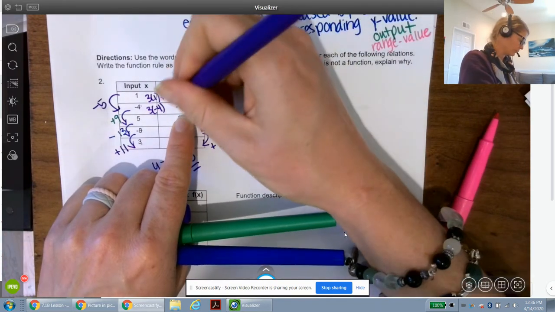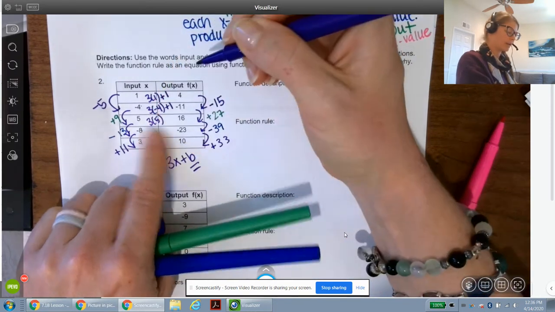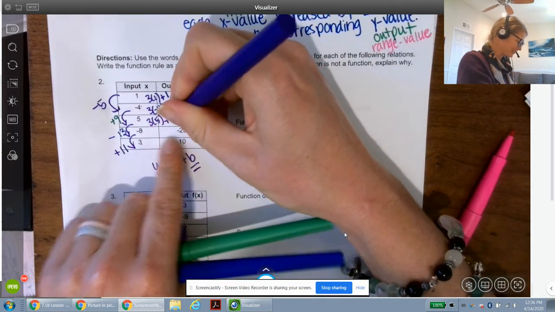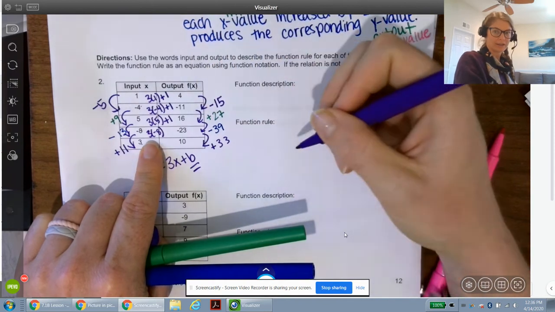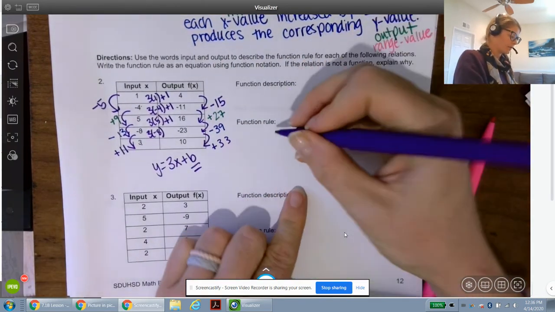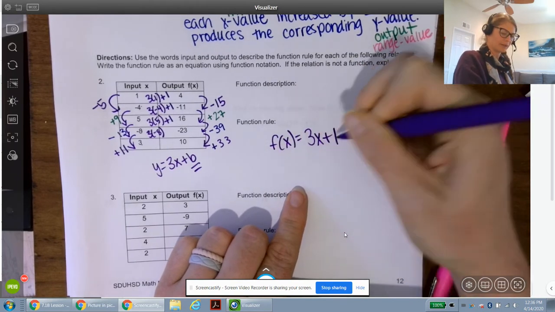Add 1. 3 times 5 is 15. What do you have to do to that to get to 16? Add 1. 3 times negative 8. Well, I think you get the idea. You'd want to check all of them just to make sure. But your function rule is f of x equals 3x plus 1.